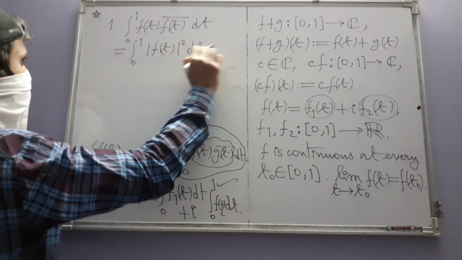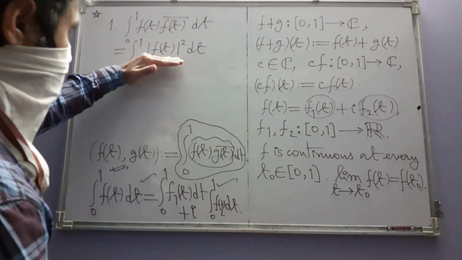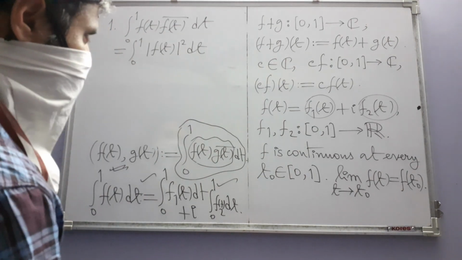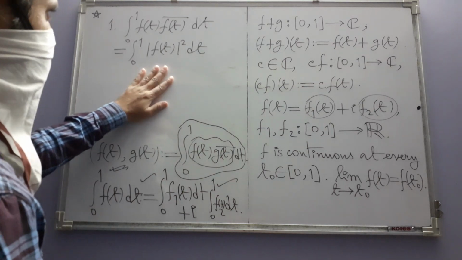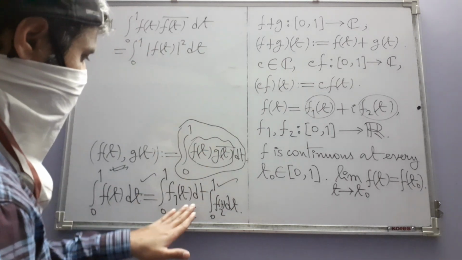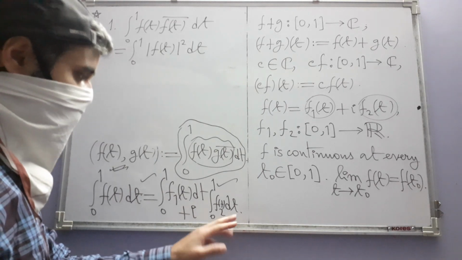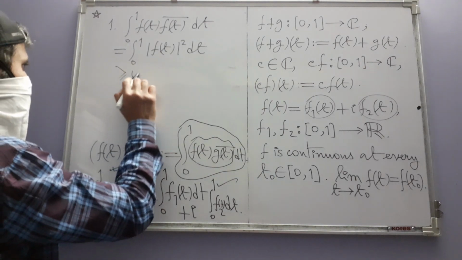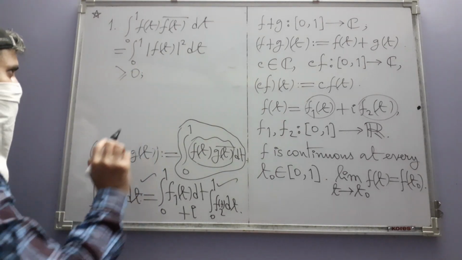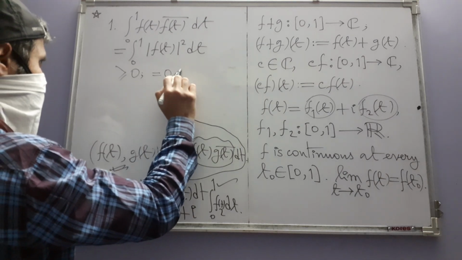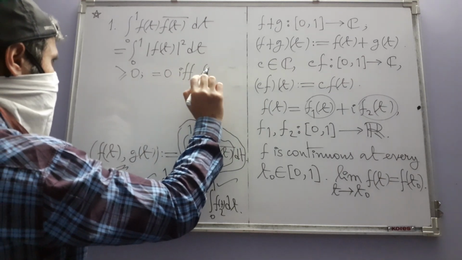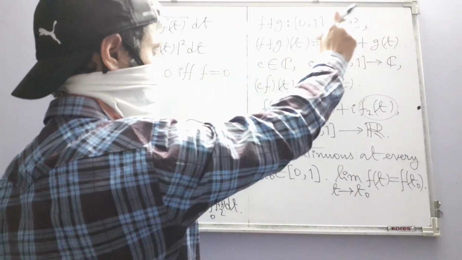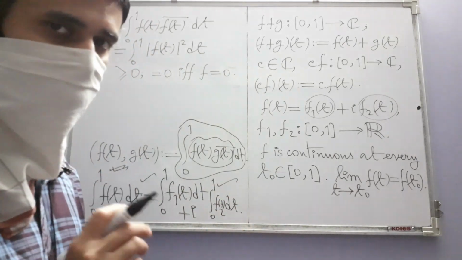It is this. Now the integrand itself is a non-negative real number. So from this you have to somehow figure out, using properties of integrals and using this definition of integration and using the fact that these are Riemann integrals, that this is also going to be greater than or equal to 0. And in fact it is 0 if and only if the function f is identically 0, that is, at every point in this closed interval it gives the 0 complex number as value constantly.